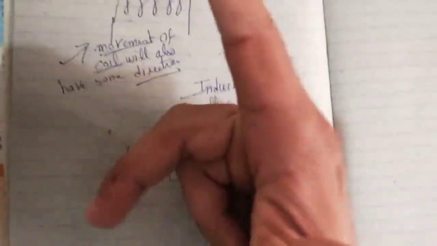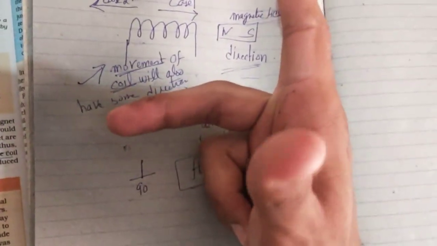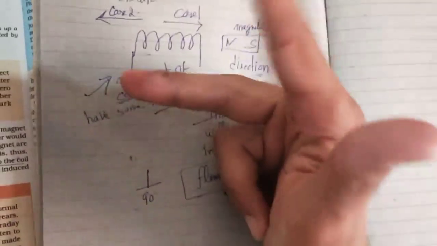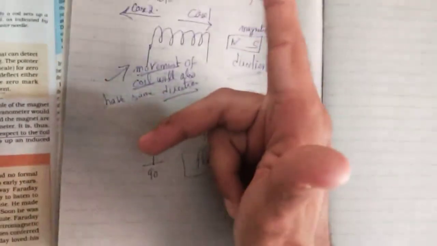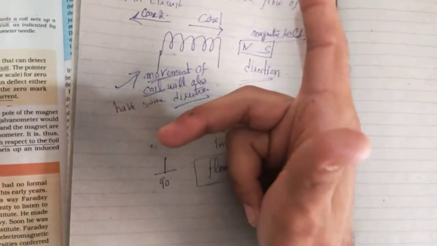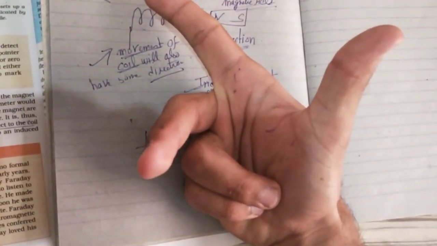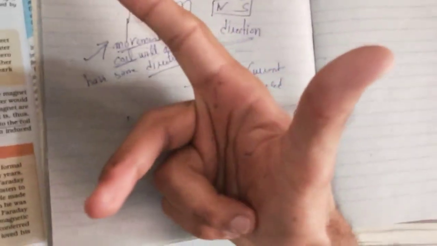Fleming's rule says: place the first finger, center finger and thumb mutually perpendicular to each other, all at 90 degrees.